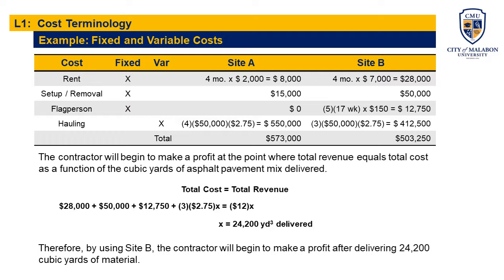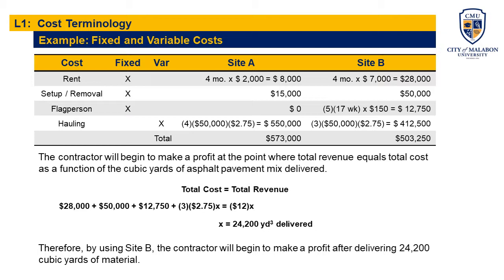While site B, which is nearer, will cost for the 4 months of operation 412,500. So this is a much lower variable cost for site B, trading off all of its fixed costs.